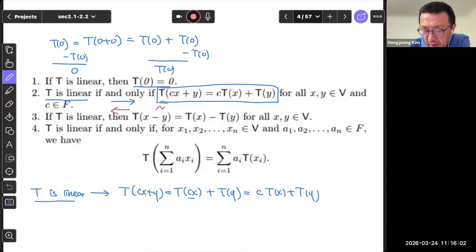So suppose that I have a function mapping T satisfying this. Then, first of all, when c is 1, you get the requirement A, right?